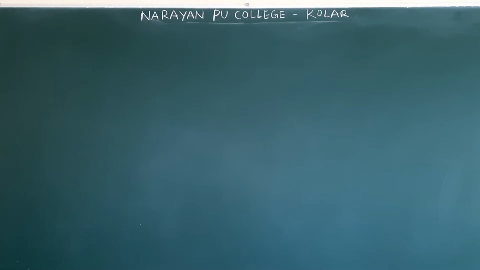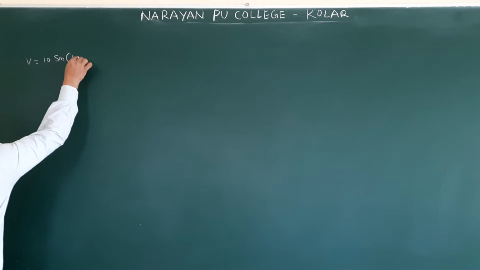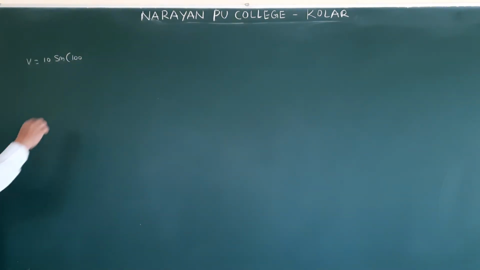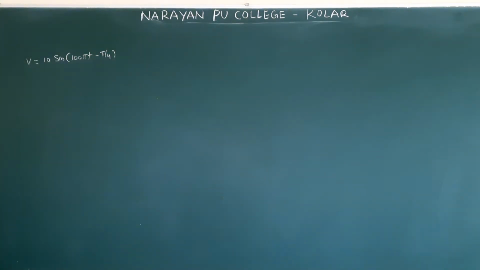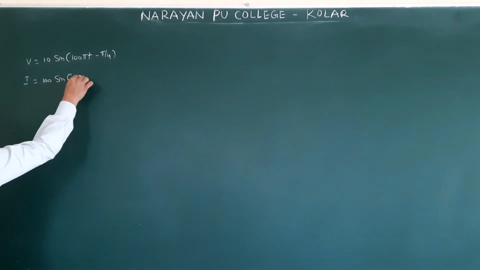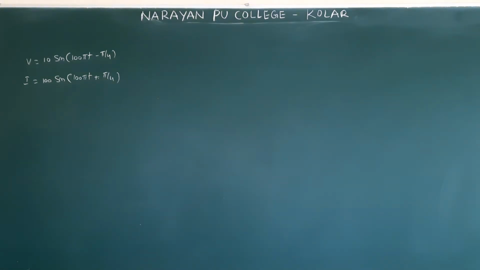So, voltage leads the current by pi by 2. In the voltage, the phase is minus pi by 4, because V is equal to 10 sin(100 pi t minus pi by 4) volts, and I is equal to 100 sin(100 pi t plus pi by 4) milliamperes.